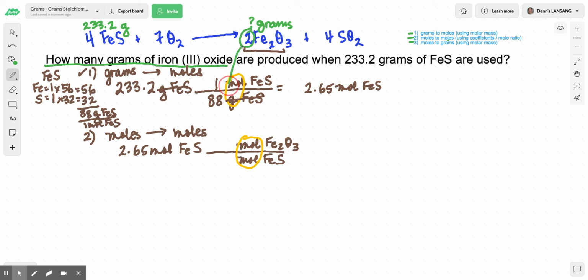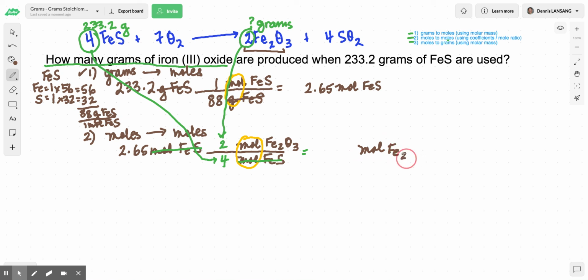So let's take this 2 and put it right here. What's the coefficient of iron 2 sulfide? It's a 4. So let's put that right here. And if you do this calculation, you'll cancel out moles of iron 2 sulfide, and you're left with moles of Fe2O3.